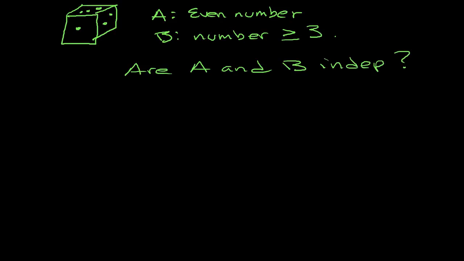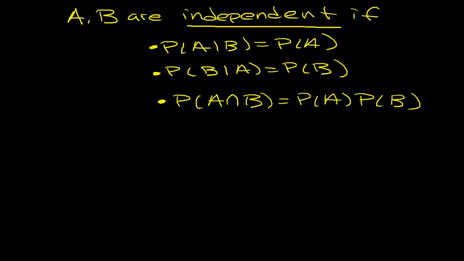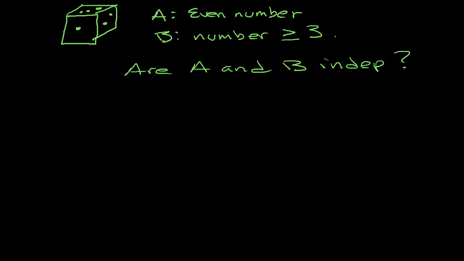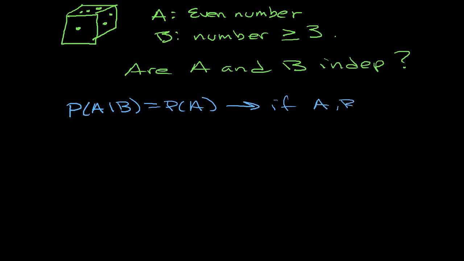Well, we need to compute one of the 3 equations over here to see if they hold. So let's work with the first one, the probability of A given B is the probability of A. This should happen if A and B are independent, right?